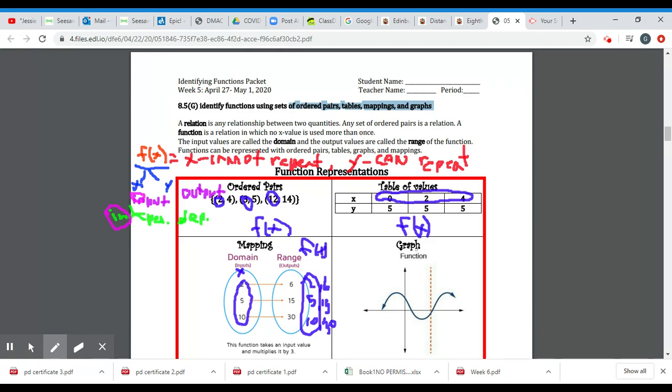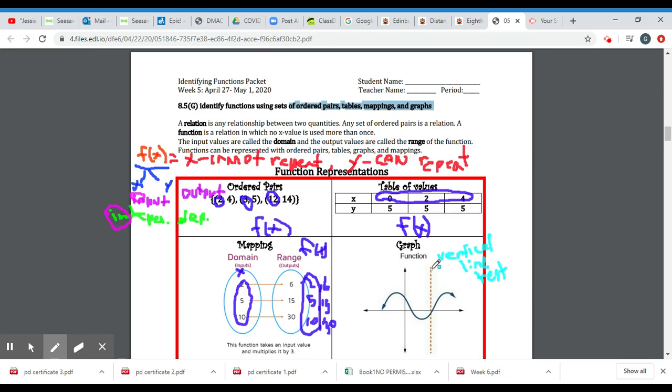As simple as it may seem visually, what we tend to forget is what is called, let me go and write it, our vertical line test. So if you recall that, our vertical line is basically exactly what it is.